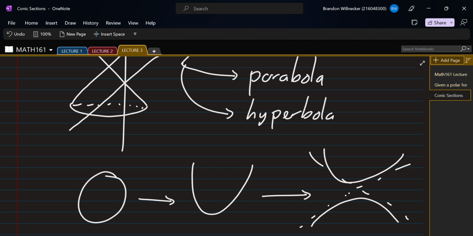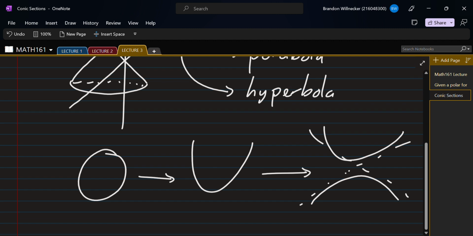We have one thing called a conic section with some parameter we'll see called the eccentricity. If we change that parameter, we go from circles to parabolas. If we change it some more, we go from parabolas to hyperbolas. So it's a way of unifying these three things.